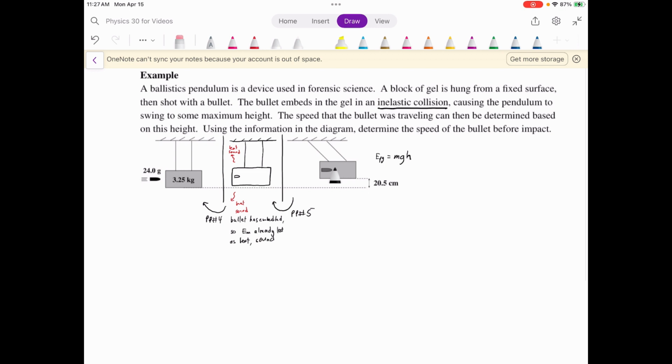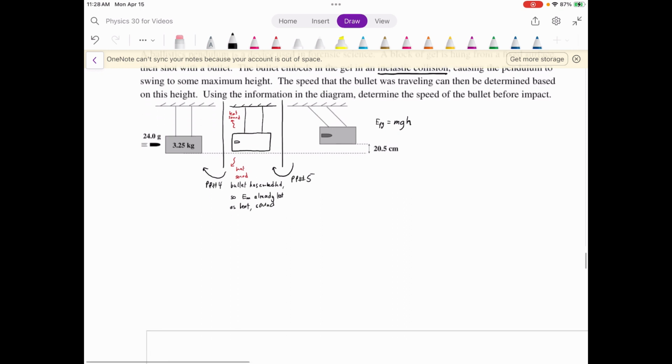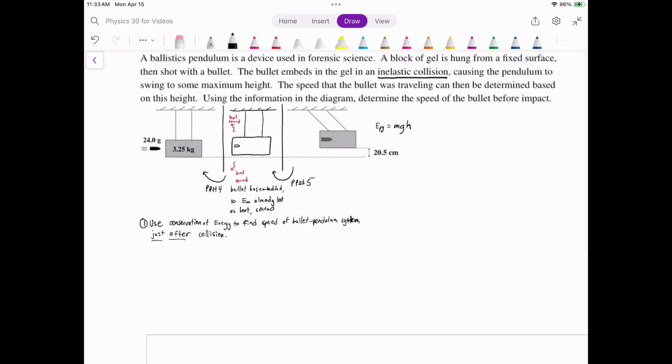We're going to use conservation of energy to figure out how fast the bullet-block system was moving in the moment after impact, and then we can use conservation of momentum to figure out how fast the bullet was moving before the impact. We can't use conservation of energy here because kinetic energy is not conserved, right? Total energy was, but we don't have ways of calculating or keeping track of that heat and sound energy that left the system. So let's see if we can put this plan into motion here.